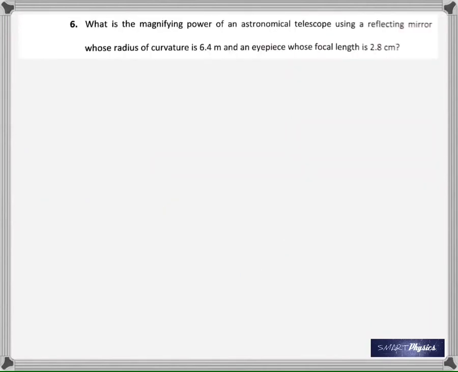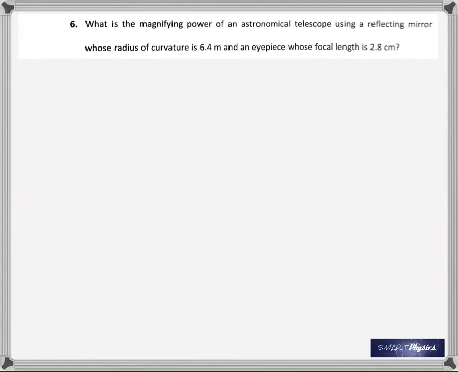Brings us to the next one, and that says, what is the magnifying power of an astronomical telescope using a reflecting mirror whose radius of curvature is 6.4 meter and an eyepiece whose focal length is 2.8 centimeter?